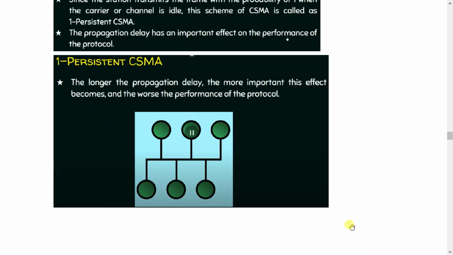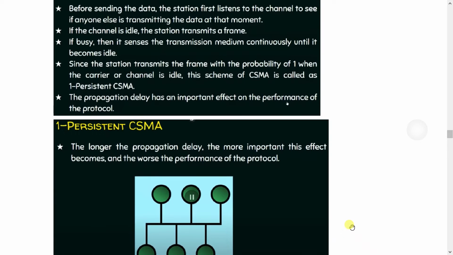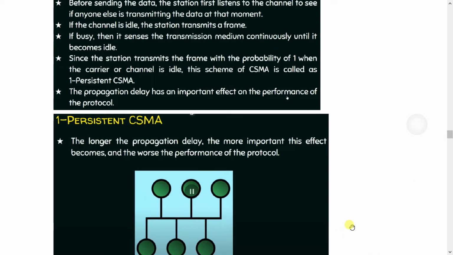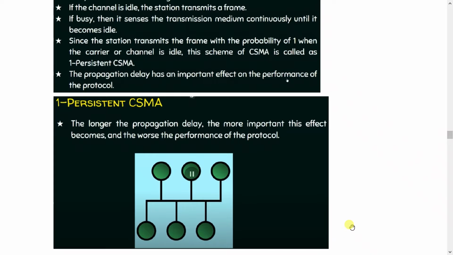As we said earlier, the one persistent carrier sense multiple access transmits with a probability of 1 whenever it feels that the channel is idle. But usually we already know that the propagation delay of some other packets can affect and can collide with the packets that are transmitted by the one that's doing one persistent CSMA.